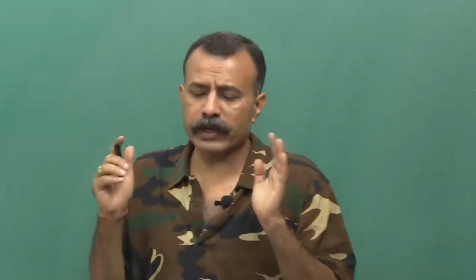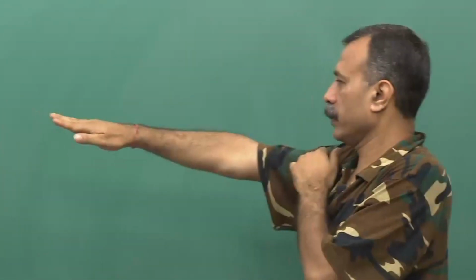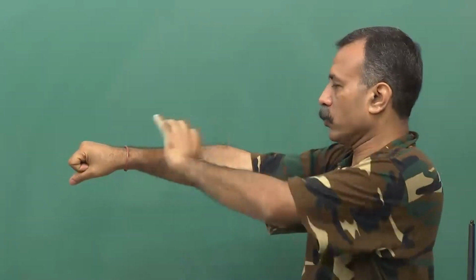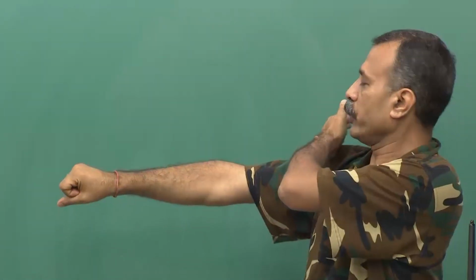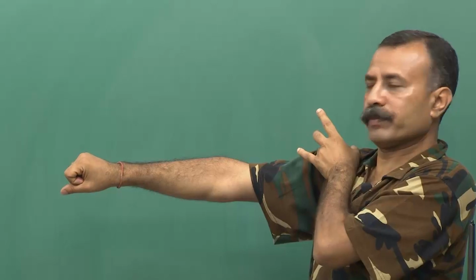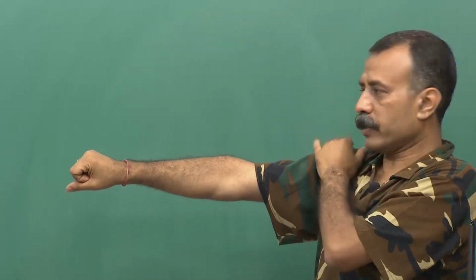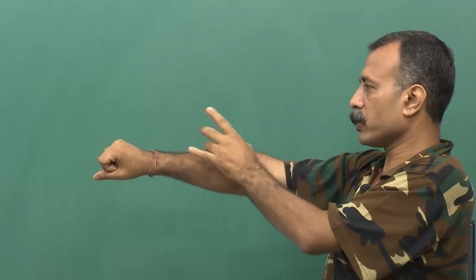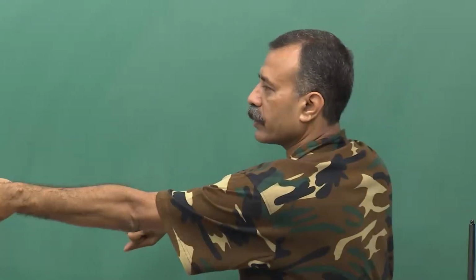Say for example, this is your axon. Disturbances originate here, this part becomes positive, fine. Then this part gets restored, then this part becomes positive, then this part becomes positive, then this. So, there is a wave which is moving like this, right.